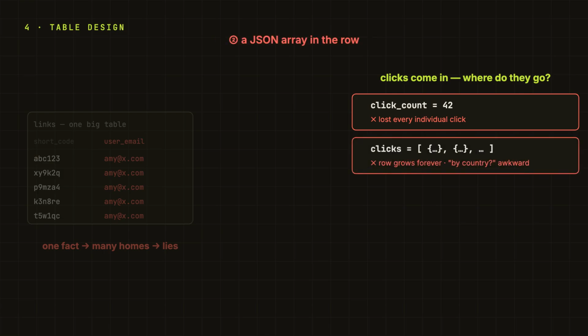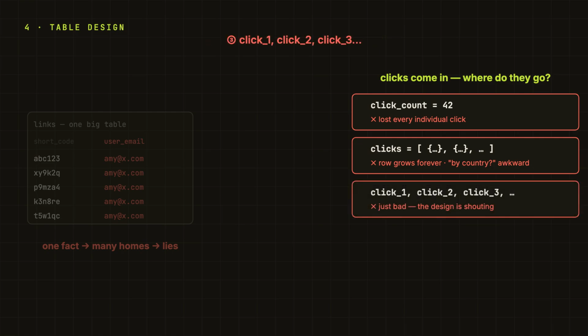We can store clicks as a JSON array inside the link row, but now one row keeps growing forever and asking clicks by country becomes awkward. We can create columns like click 1, click 2, and so on, and honestly, this is just bad. That design is already shouting at us.